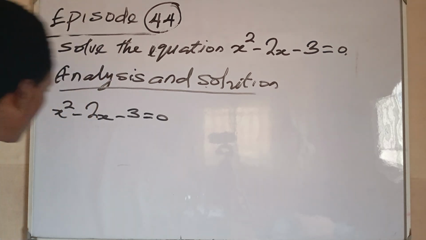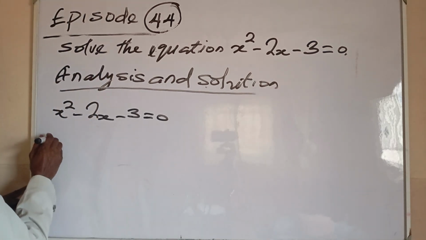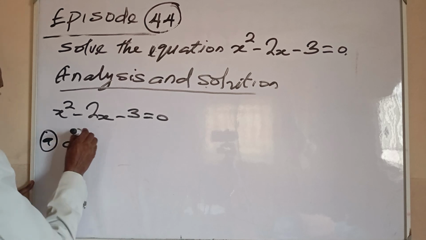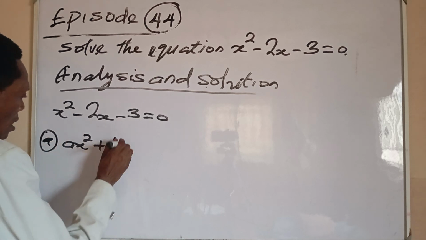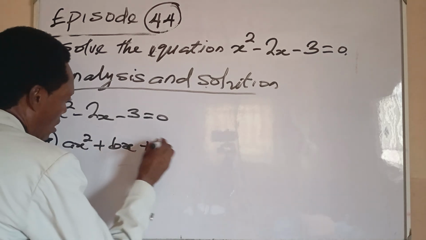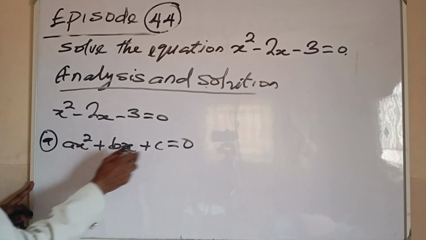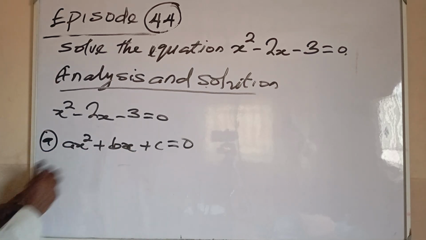The first one, A: as squared plus bs plus c equals 0.